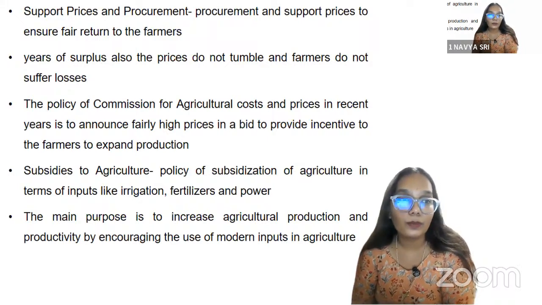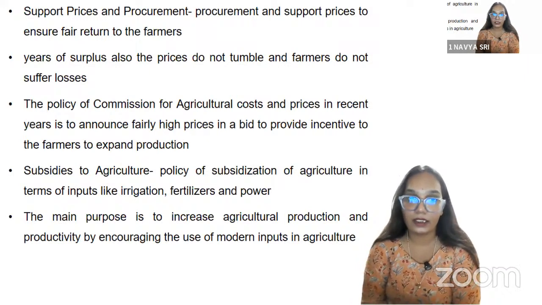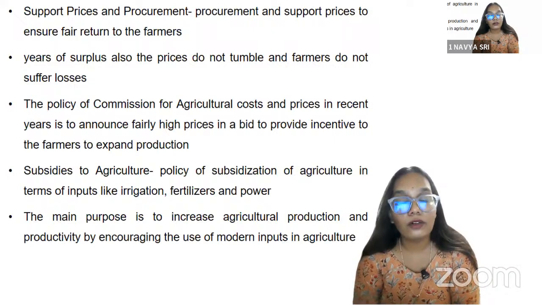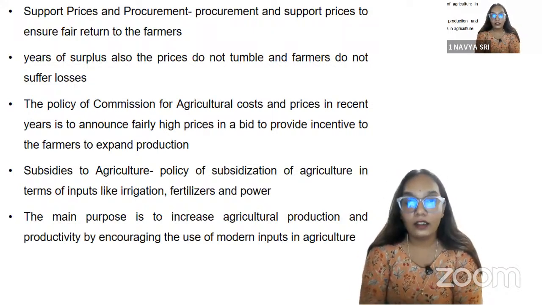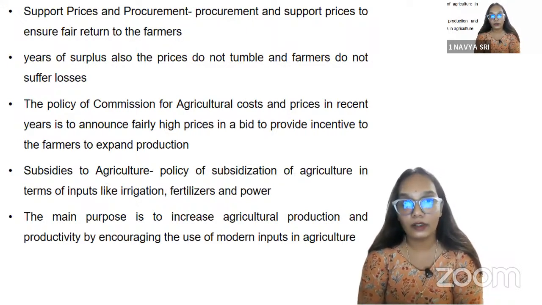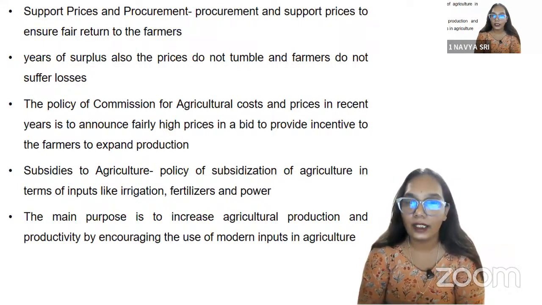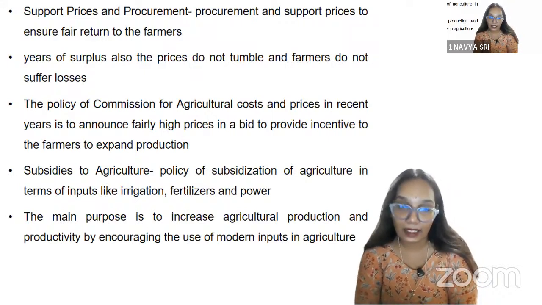So for that, support prices and procurement were established. This procedure was established by the government to ensure that the farmers were given fair prices. This was basically made so that the farmers won't be at a loss. They are supposed to get their investment back.